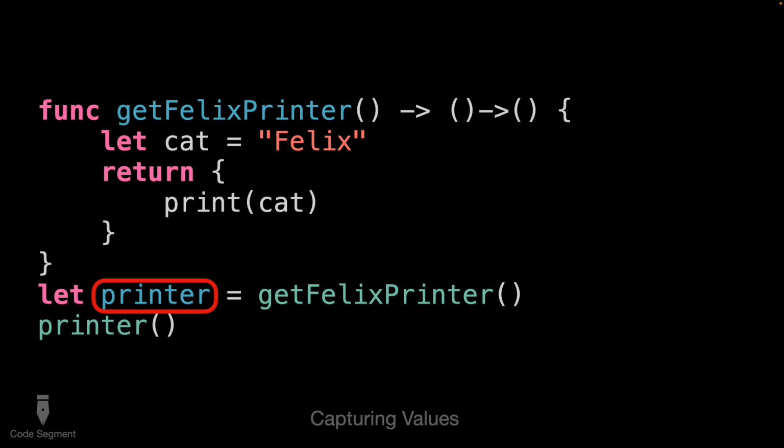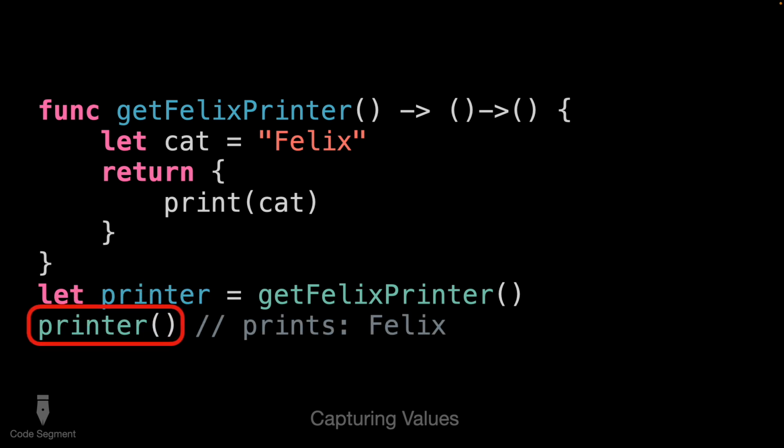So here we create a constant called printer. We're passing the closure to this, so this printer has a function type that is a no-parameters, no-return function type. And we call it as if it's a function, not passing any parameters because it doesn't have any, not assigning it to anything because it has no return.